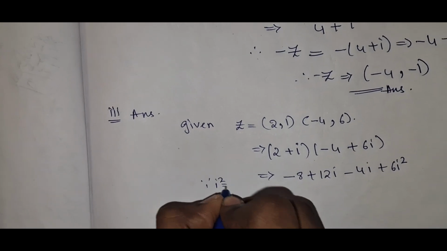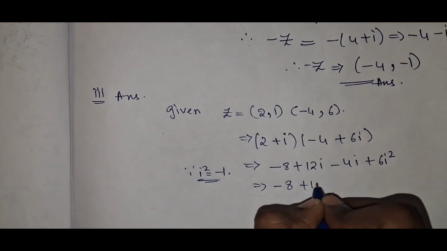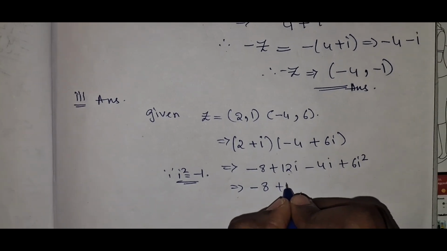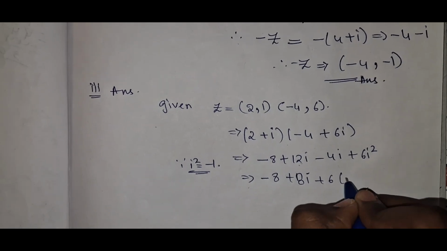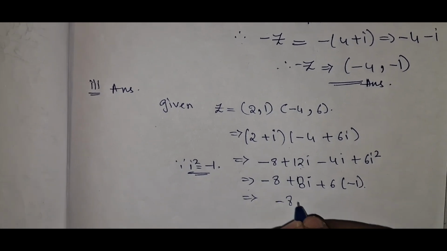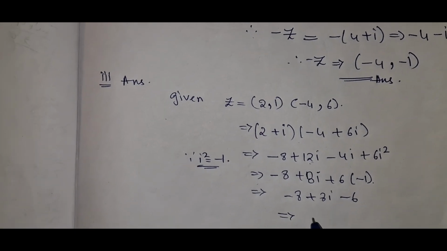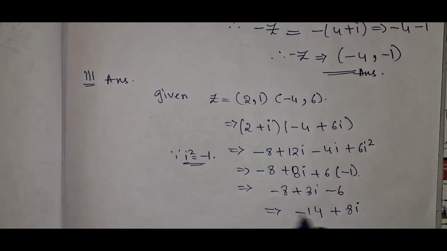Since i square is equal to minus 1, minus 8 plus 12i minus 4i is 8i, plus 6 into minus 1, minus 8 plus 8i minus 6, which is equal to minus 14 plus 8i.